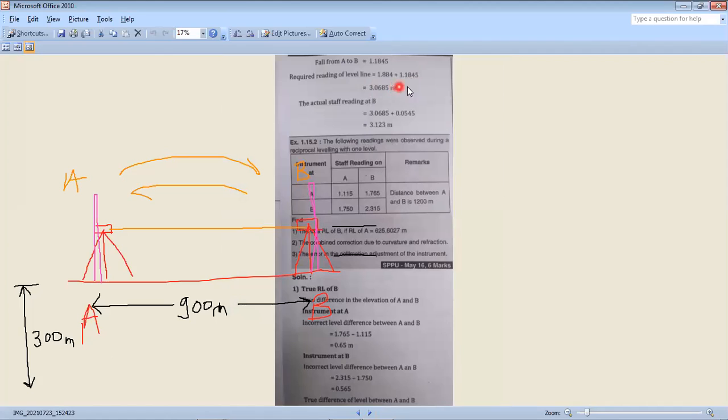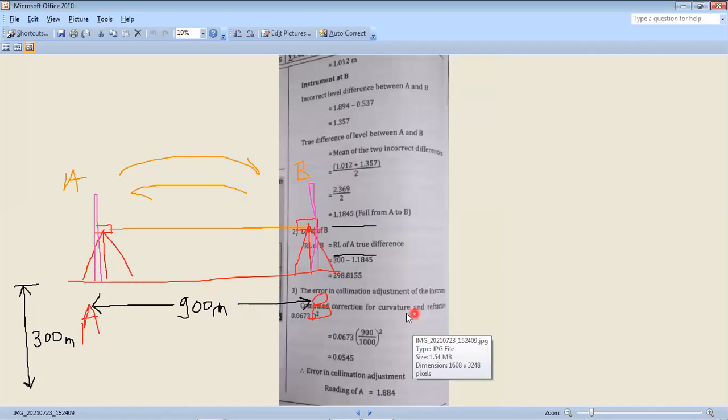You can see here in this next image. 1.884, the staff reading at point A, plus your fall will give you the reading of B, plus your error of refraction and curvature. That error we found previously using the formula 0.0673 into kilometer square comes out to be 0.0545.